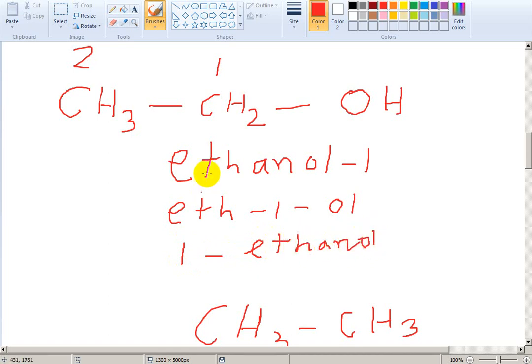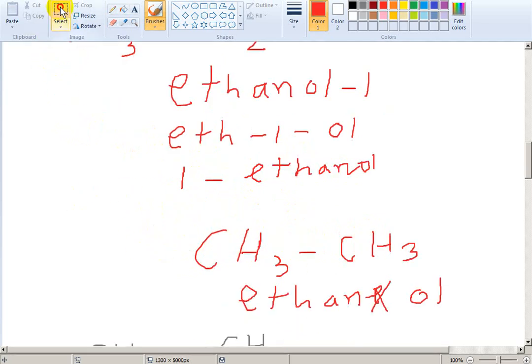So have you seen this compound, ethanol, ethan-1-ol or 1-ethanol? Now I am giving another naming.